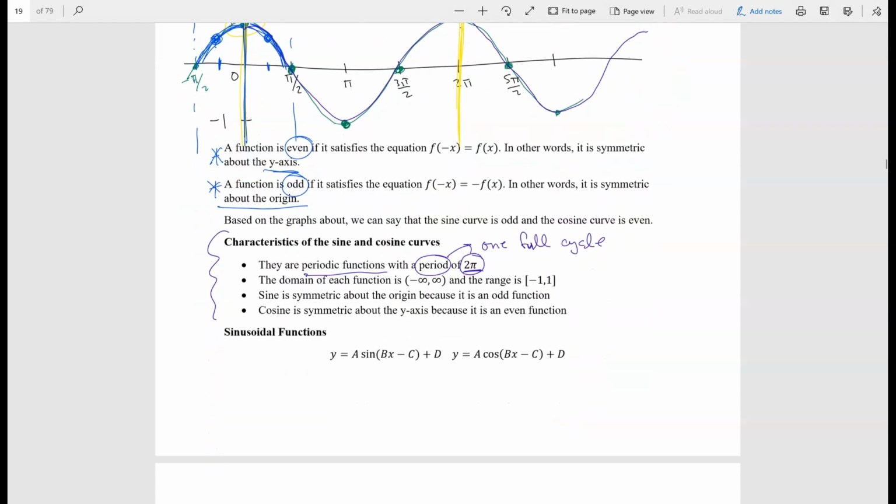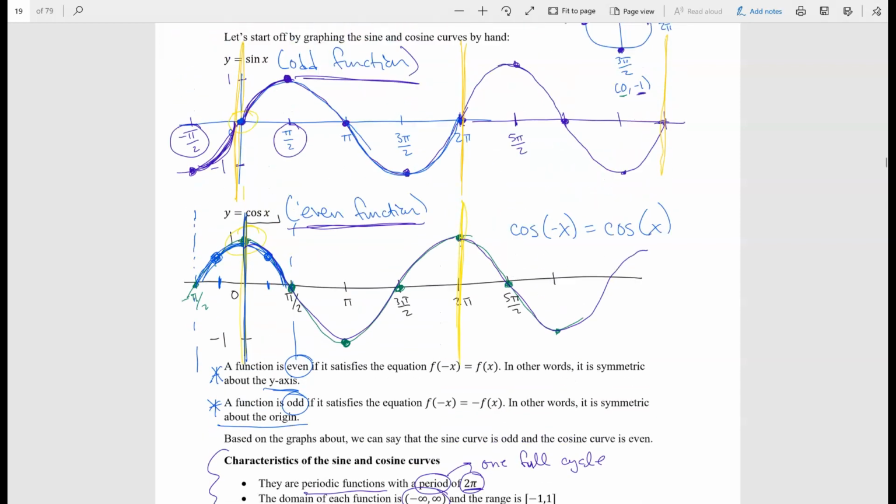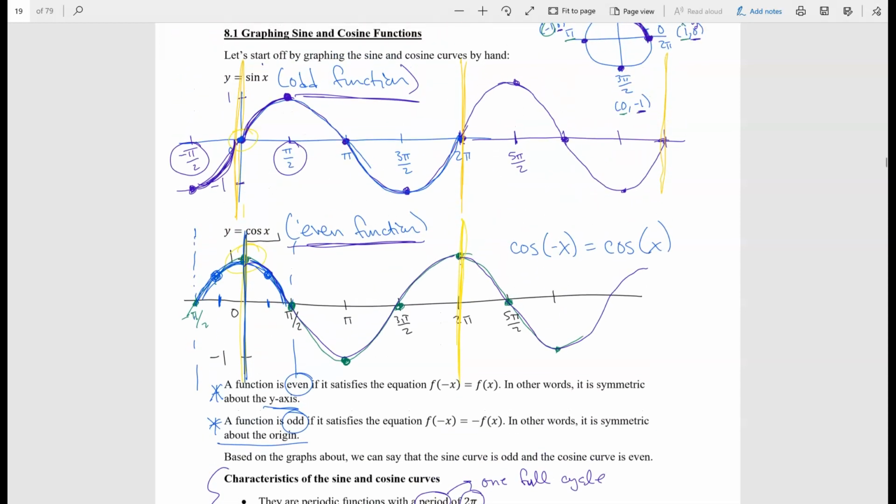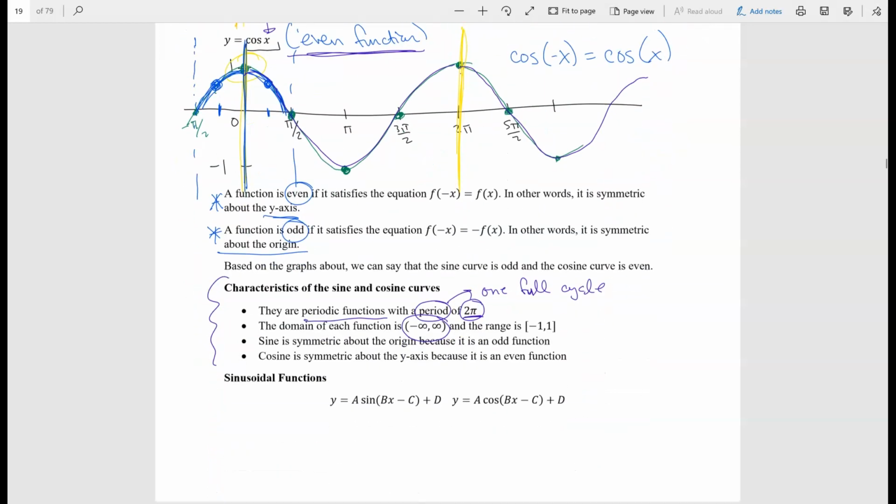The domain, which is all possible x values, can be anything, because I can plug in any x value, any angle, and I will always get a y value. None of these are undefined. The range, which is all possible y values, is between -1 and 1.